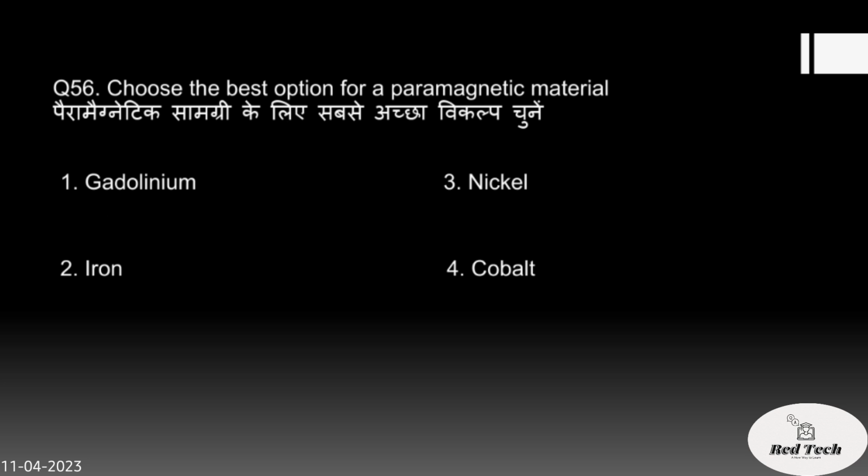Question number 56. Choose the best option for a paramagnetic material. In the MRI section, I have discussed all the basic details of MRI. You can watch the video to clarify your basics of MRI, because in this whole question paper I have seen that in the MRI section only basic questions are asked by the examiner.